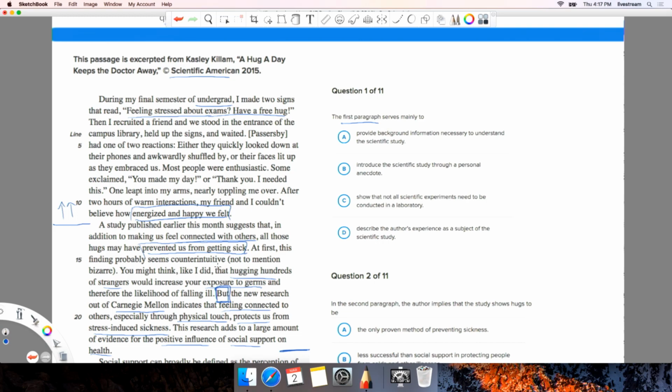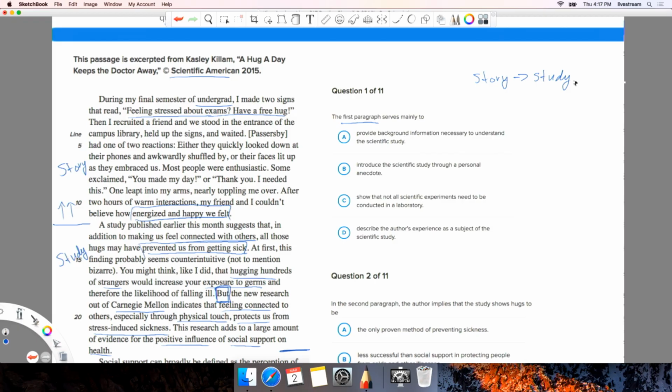And so the purpose of the first paragraph, my prediction here, is that it was a story, and if we look at the structure, we have the story here, and then we have the study here. So that's kind of how I'm thinking about it. Story that leads into the study. And so that's my prediction.